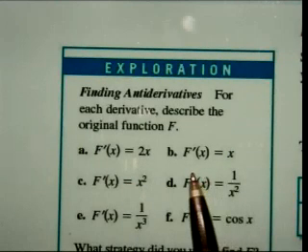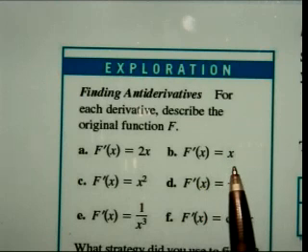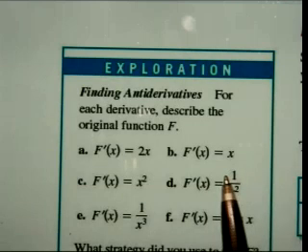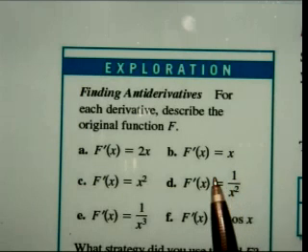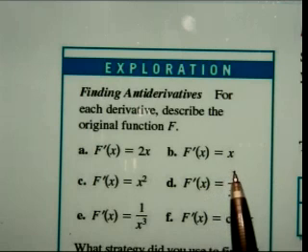What function has as its derivative just x? 1/2 x squared. Because if I told you to differentiate 1/2 x squared, you would multiply the 2 times the 1/2. That would just give you the coefficient 1. Subtract 1 from the exponent, and that would give you the exponent 1.